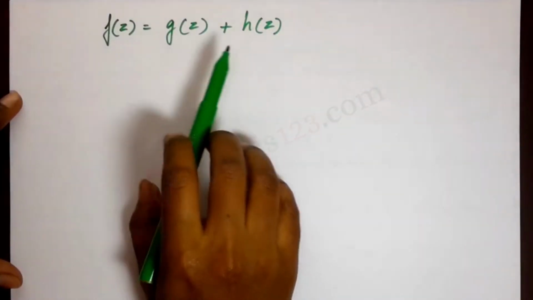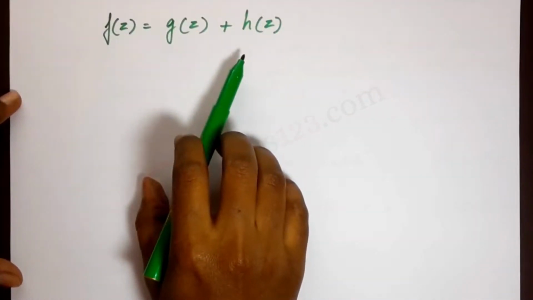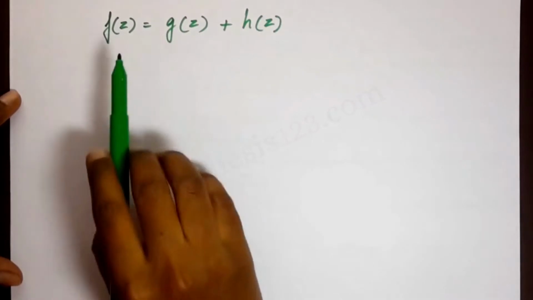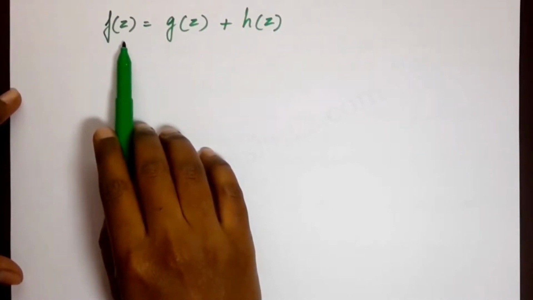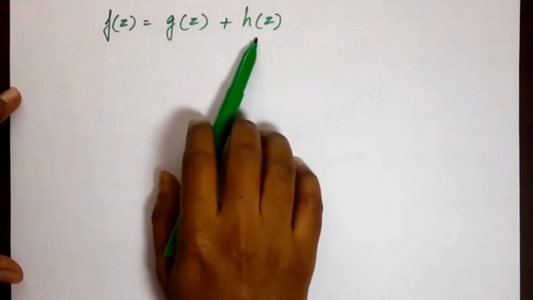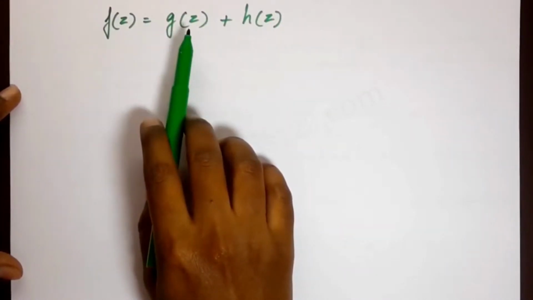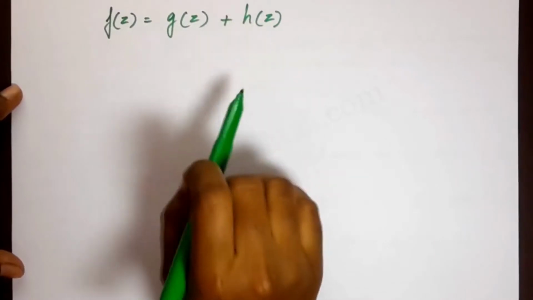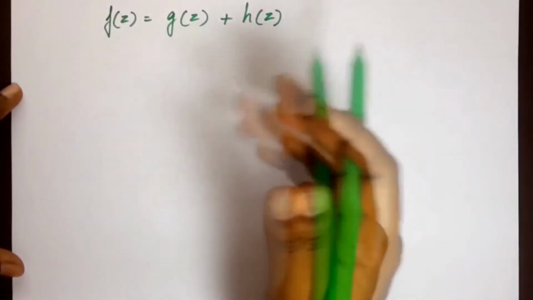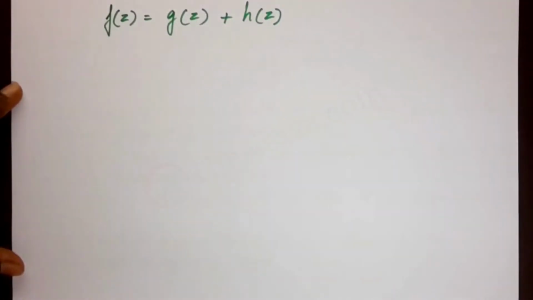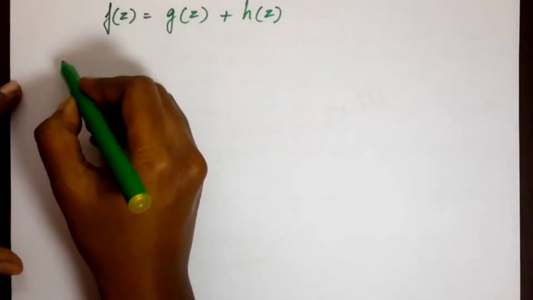Now each one of these three are functions. The option says that g(z) and h(z) are also differentiable, but it's not true. There can be instances where g(z) and h(z), two different individual functions, need not be differentiable at the same point. So we'll take an example.